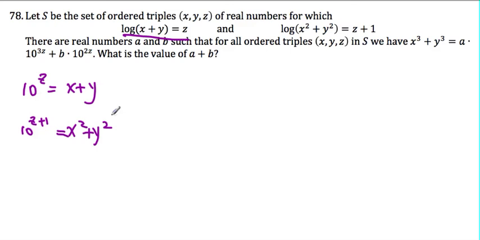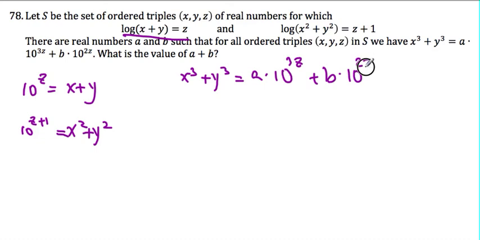Alright, then we have to use these two given conditions to somehow satisfy this one. So the fact that we are looking at x cubed plus y cubed is equal to a times 10 to the 3z power, and then plus b times 10 to the 2z. Alright, then let's see what happens here.